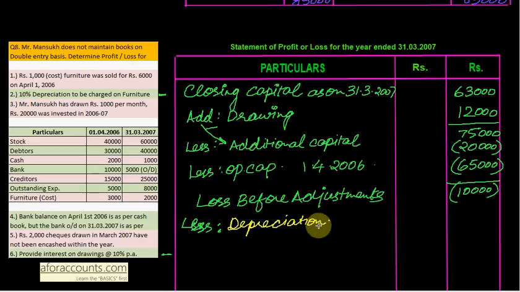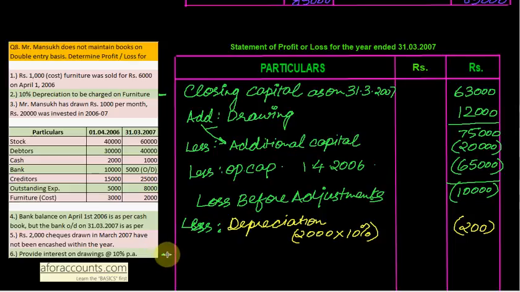Closing is 2,000, 10% of that comes up to 200. So subtract depreciation, as net profit will reduce when there is depreciation. Interest on drawing. Now what do they have to say? Provide interest on drawings at the rate of 10% per annum.